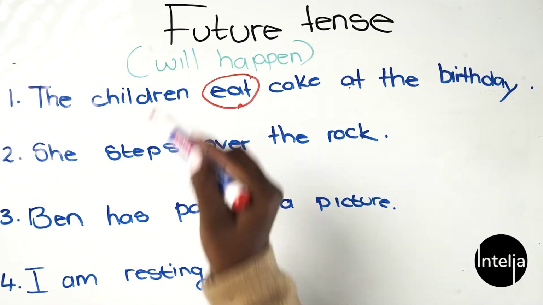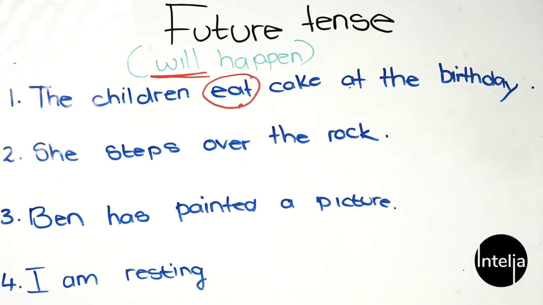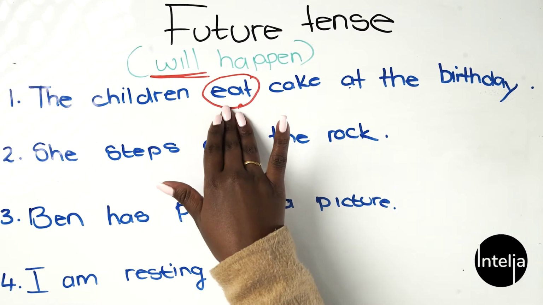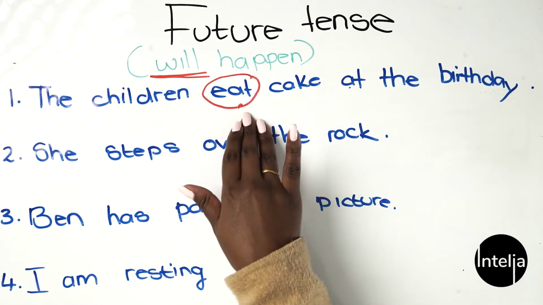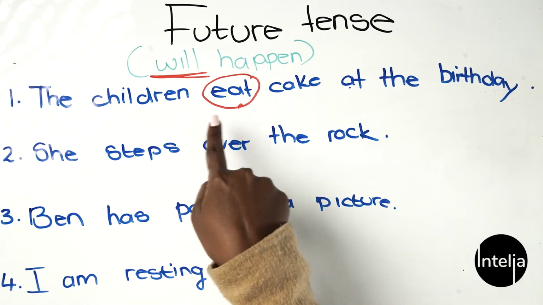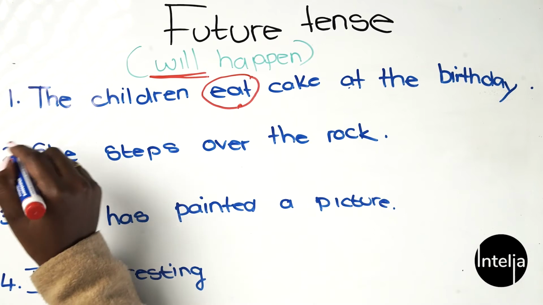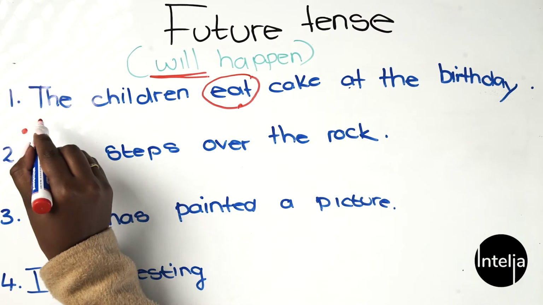That's right. Let's look at our helping verb will. Will turns any sentence into future tense. So what we're going to do is put will before eat, so that we know when it is done. So it helps show action. That's right. So let's write out our sentence.